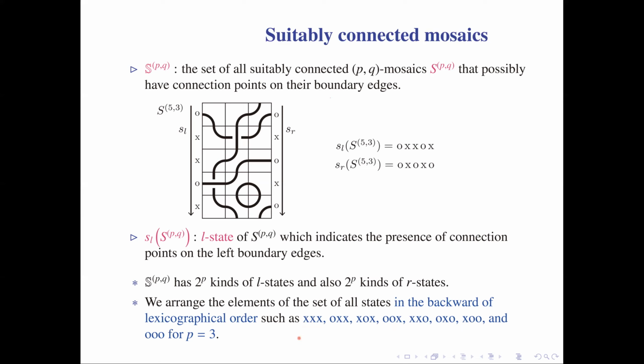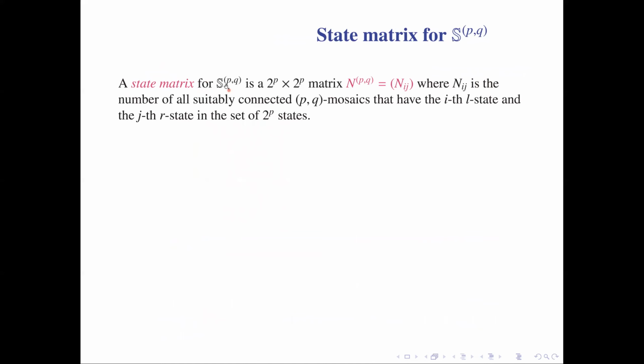And now, to count the number of this set, we construct a matrix called the state matrix. A state matrix for the set S_PQ is a square matrix N_PQ of this size. Here, each entry N_ij is the number of all suitably connected P by Q mosaics that have the i-th L state and the j-th R state in the set of all states.